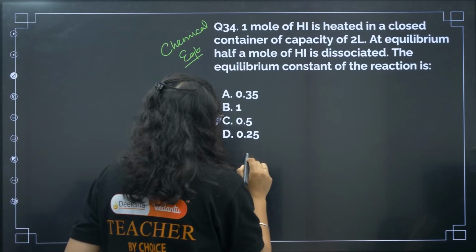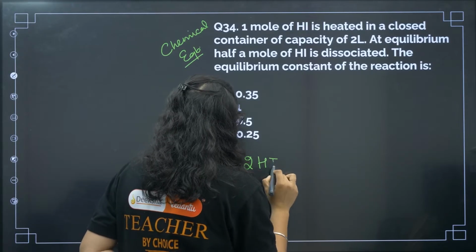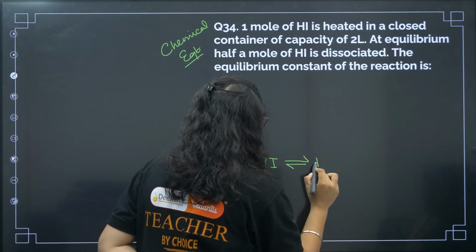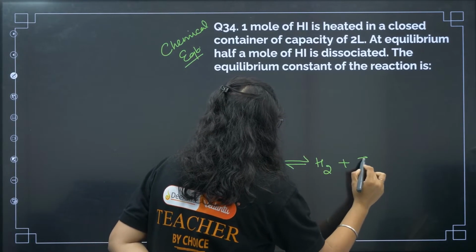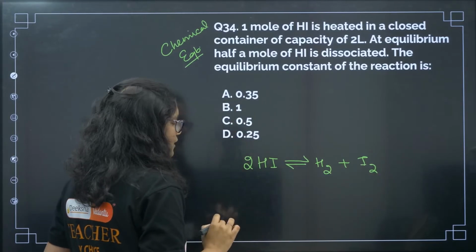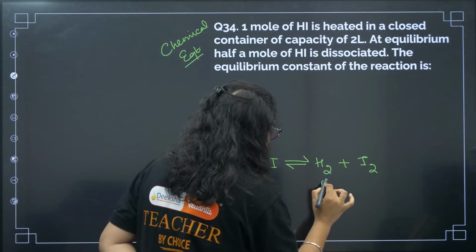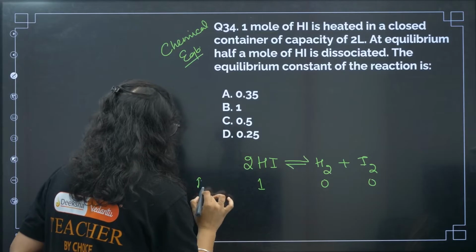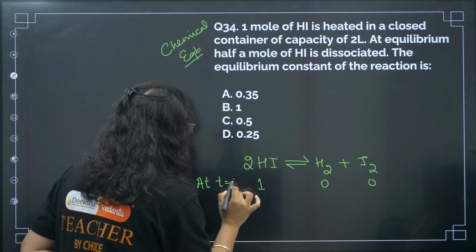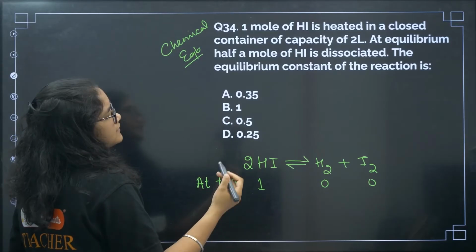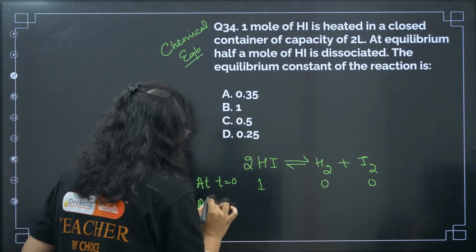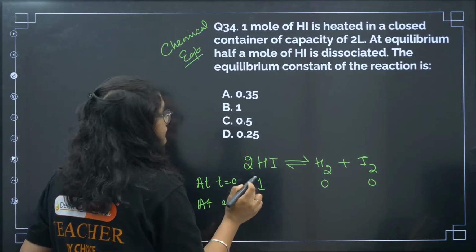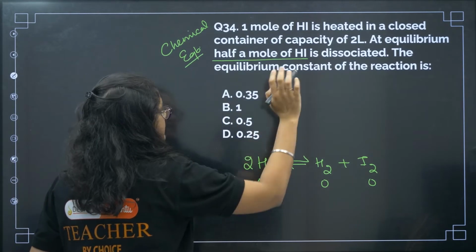Now if I write the reaction like this, 2HI gives H2 plus I2. There was 1 mole of HI initially, and H2 and I2 were 0, 0 at t equal to 0. At equilibrium, it is given that half a mole of HI has dissociated.